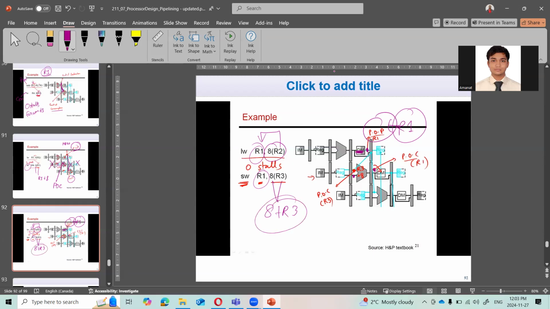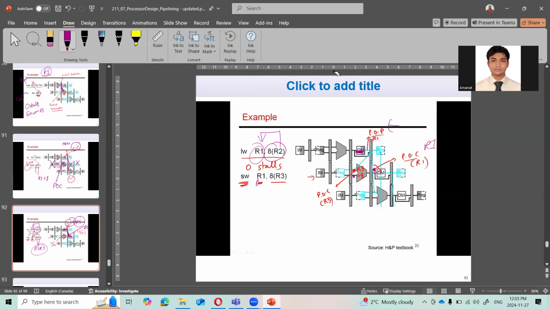This happens in the ALU, but for R1, we need it at this stage, where we replace this memory location with its value. So only at this point do we need the value of R1. That's why we can just forward the value here.